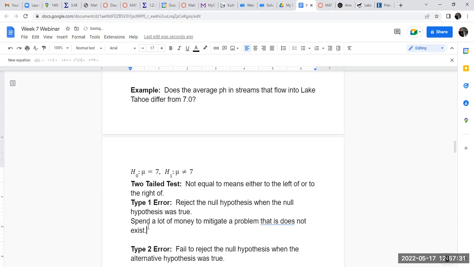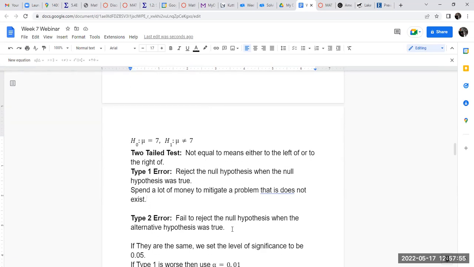We're going to spend all this time trying to make it back to 7, with however they decide to do it, with best management practices and rules and regulations and all kinds of stuff, zoning laws or whatever. But it wasn't even a problem because it was a 7. Does that make sense? Is that bad, by the way? Pretty bad.